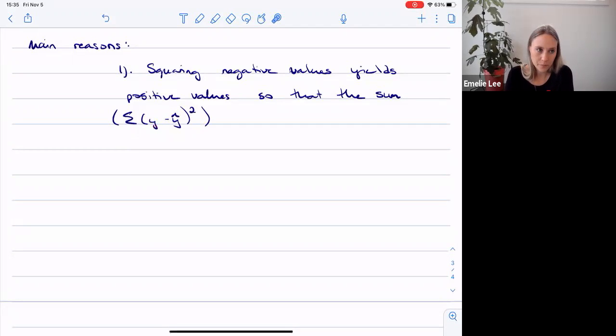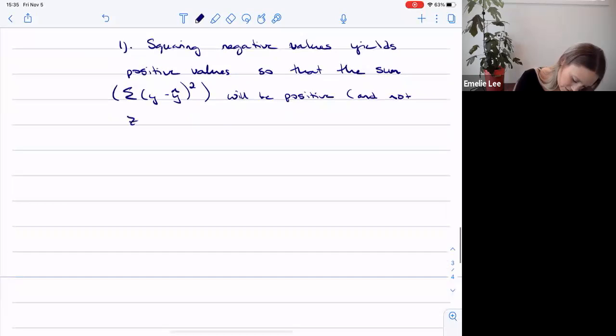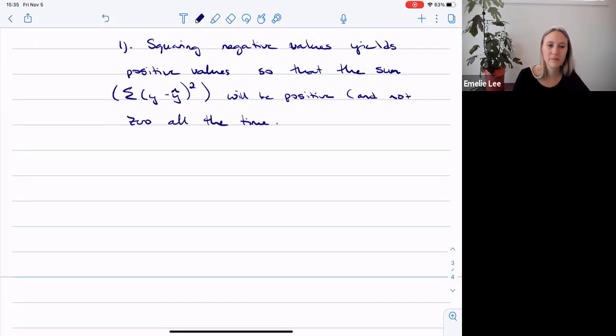So the sum of these will be positive and not 0 all the time. Right, that's a problem. And so squaring them, another thing you could do, and there is a method for it, you could use the absolute values instead.